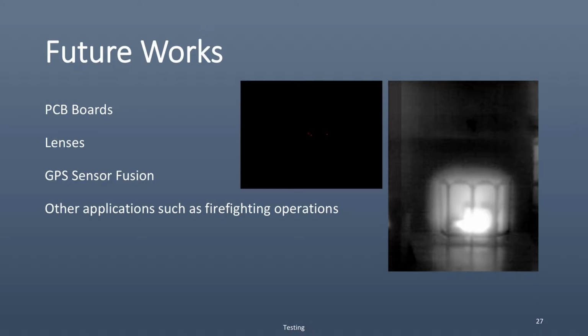The image on the right is a picture taken from the same position at the same time with an infrared camera, and you can see that it's much more brilliant on the infrared camera.